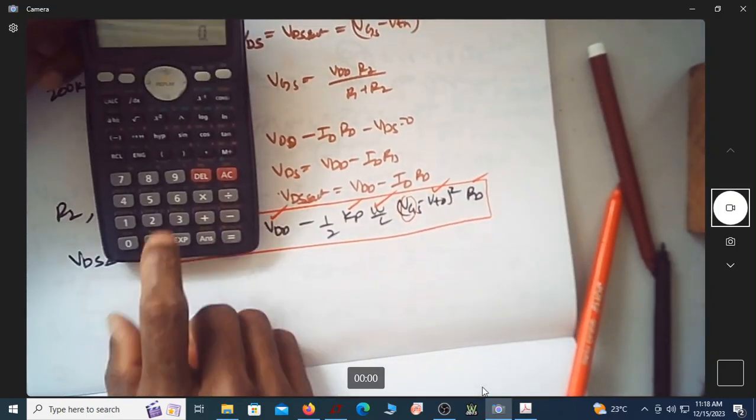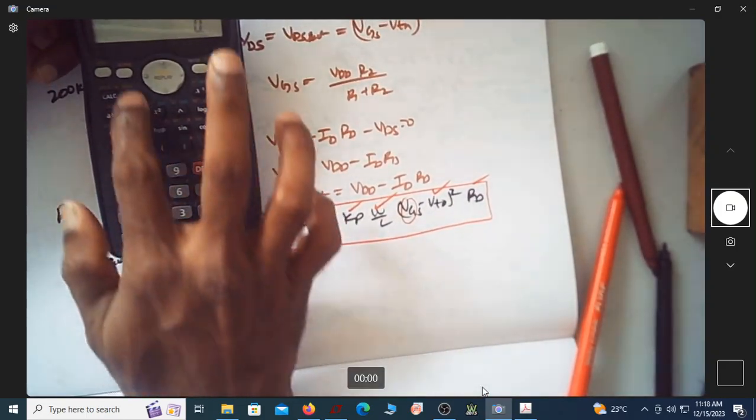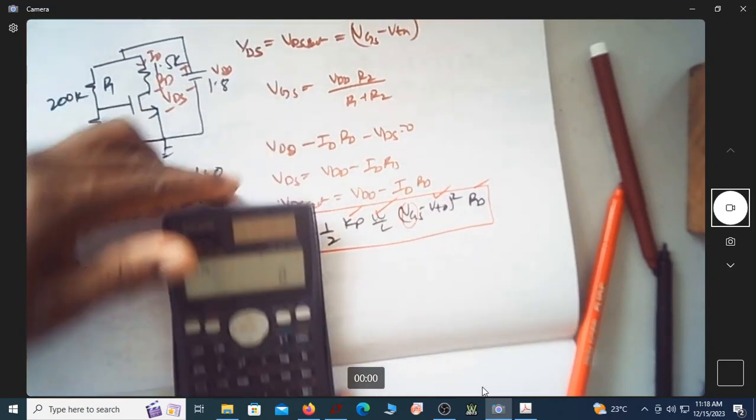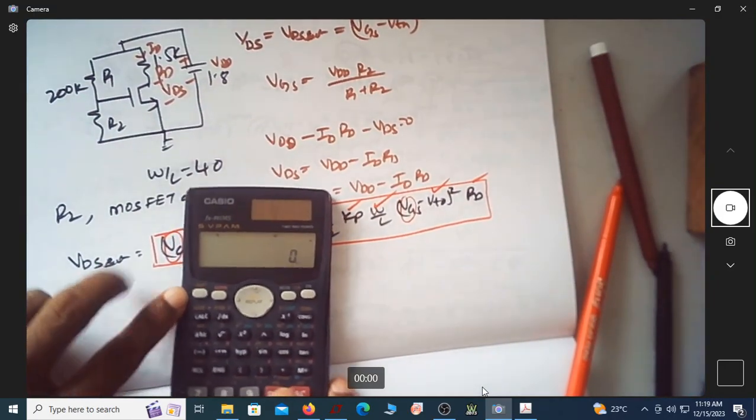So now you can open the parenthesis. VGS is a parameter which is unknown. Let me just redo it.